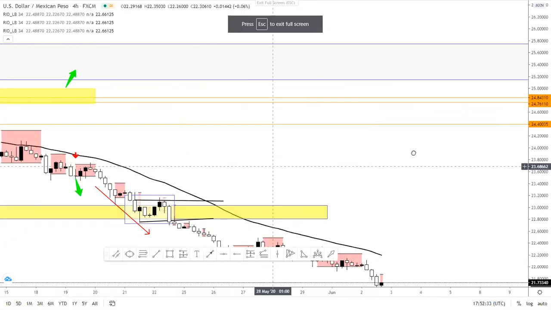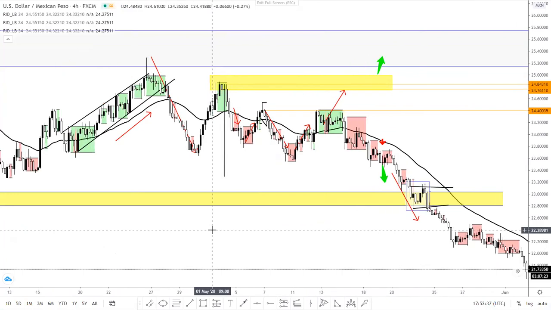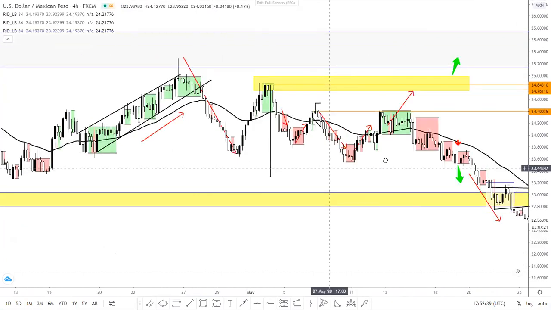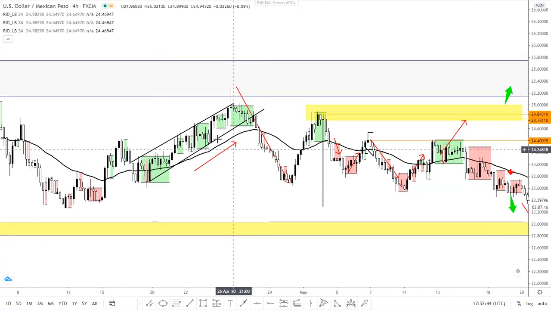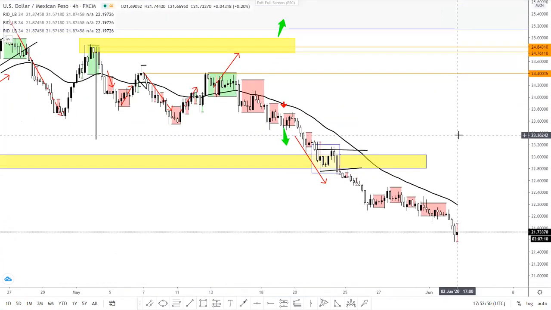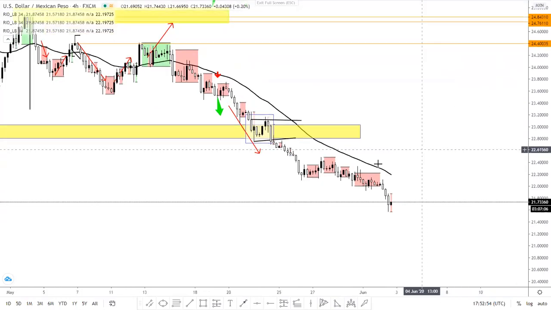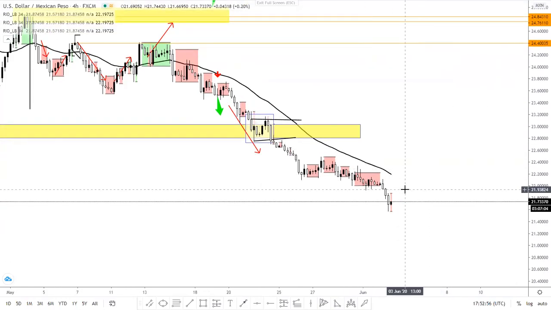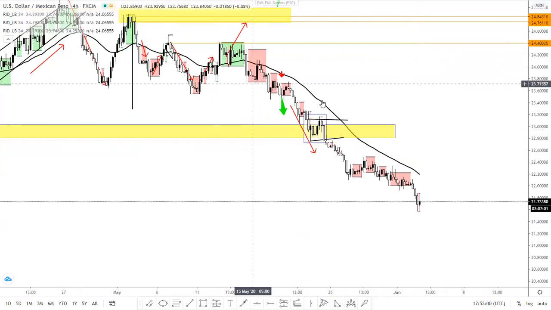Now, this thing has just plotted out all the ranges for you. I hope you can see. This is a range, this is a range, okay? This is a range. So how do you trade? Let me give you an example of how you trade when you have a range like this.